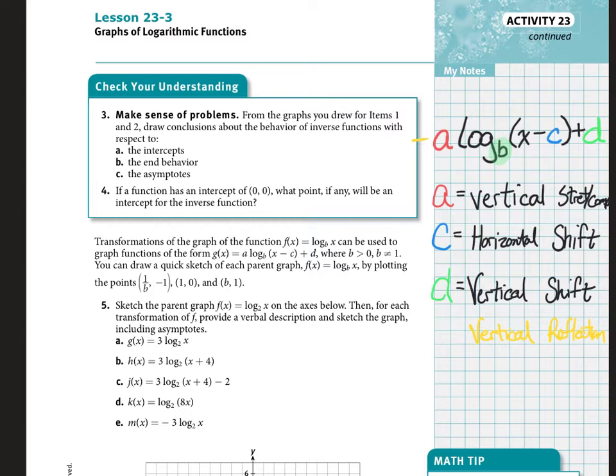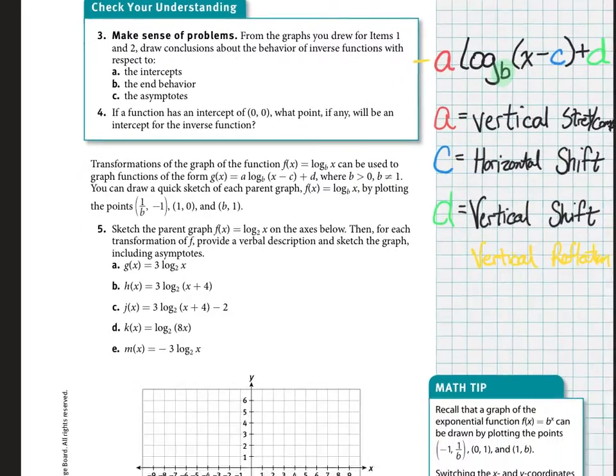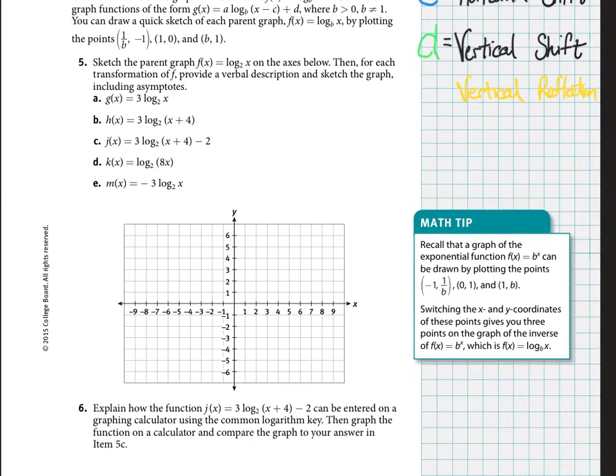It's just going to be the steepness of the line. As we begin to change the aspects around these logs, that's going to do the same transformations that we are going to see. I'm going to start by going down to my graph here and getting an idea of what the parent function, the log base 2, looks like.